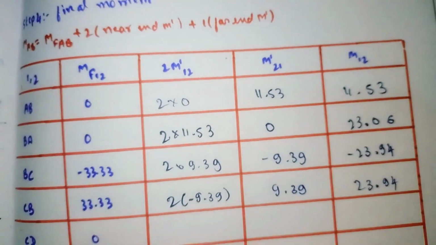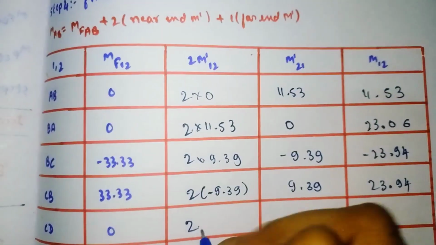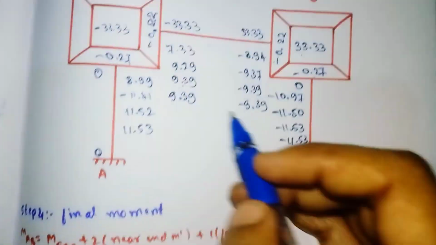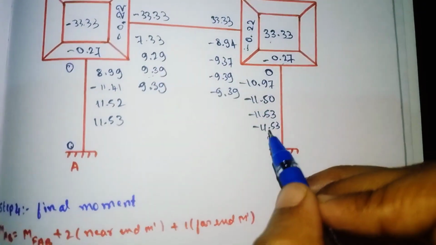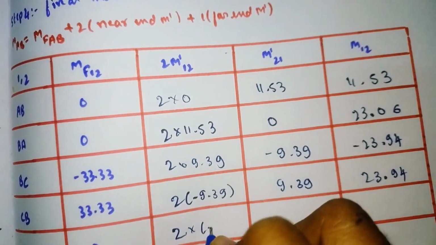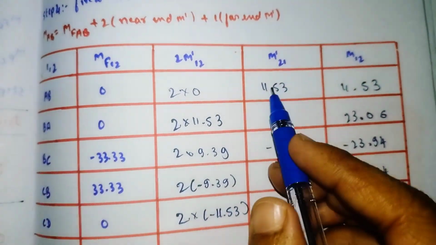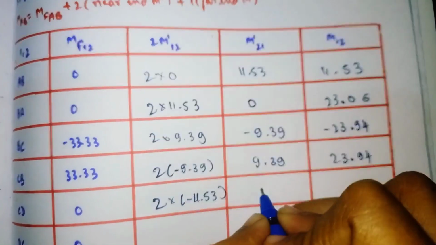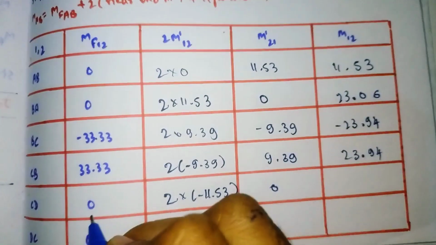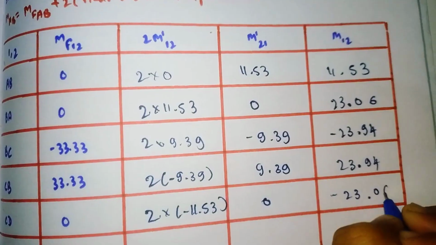Similarly for CD, 2 into the rotation factor of CD we got was minus 11.53. So 2 into minus 11.53, into the rotation factor of DC. There is no rotation factor for DC. Keep it as 0. Now add these 3. It will come out as minus 23.06.